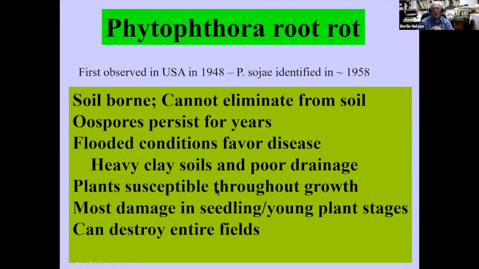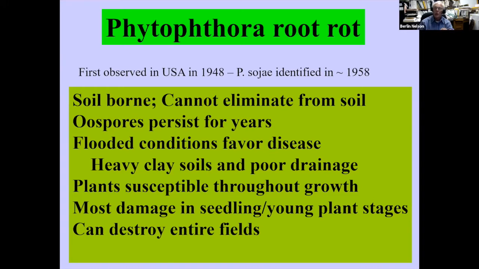But the other thing to remember is that these plants are susceptible throughout their entire growth cycle. From the time you put that seed in the ground until even when they're adult plants, if it is susceptible to Phytophthora, it can be infected and actually killed. Most of our damage, historically, has been in the young plant stage when we have those heavy rains, flooded conditions, high soil moisture at the time of seeding and at the time of seed germination in that first month or so after planting.